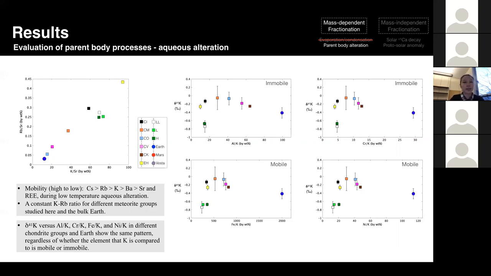We also plot potassium isotope data against aluminum, chromium, iron, and nickel on your right-hand side. Aluminum and chromium are immobile, while iron and nickel might be mobile during low temperature alteration. All the plots here show the same or very similar patterns, no matter if potassium is compared to mobile or immobile elements.